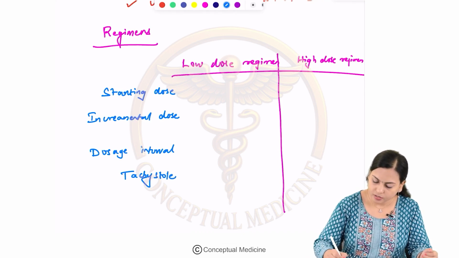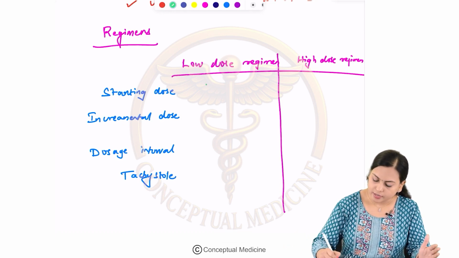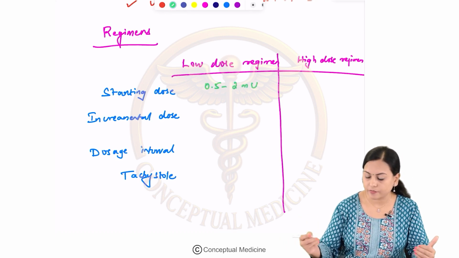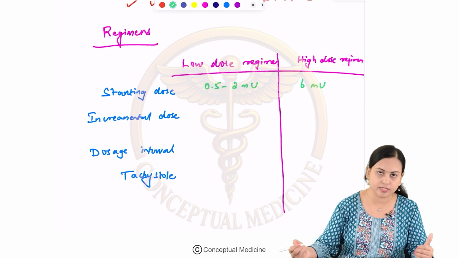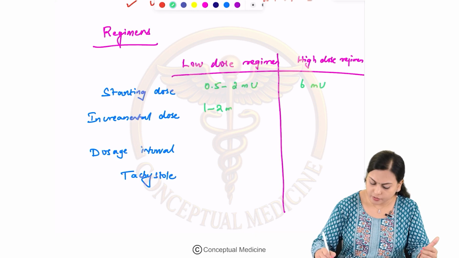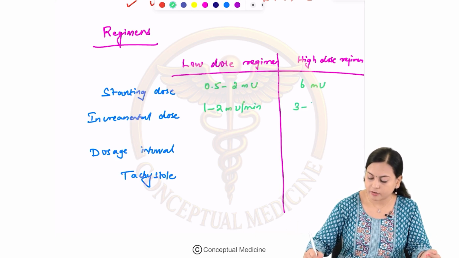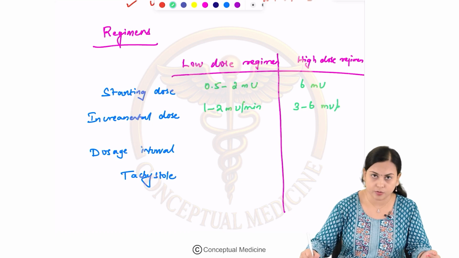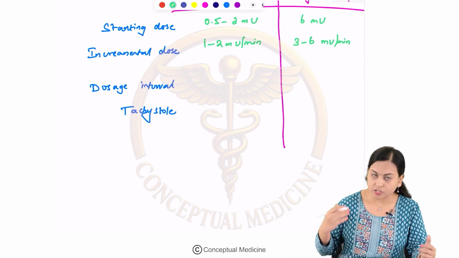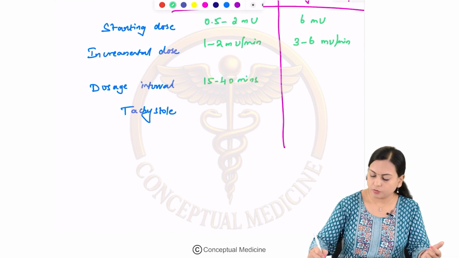If you see the low dose regimen, the starting dose is around 0.5 to 2 milliunits, whereas in the high dose regimen we are going to start it at 6 milliunits. The incremental dose should be 1 to 2 milliunits per minute, whereas for the high dose regimen we are going to increase it at a rate of 3 to 6 milliunits per minute. And the dosage interval should be ideally 15 to 40 minutes in both the regimens.